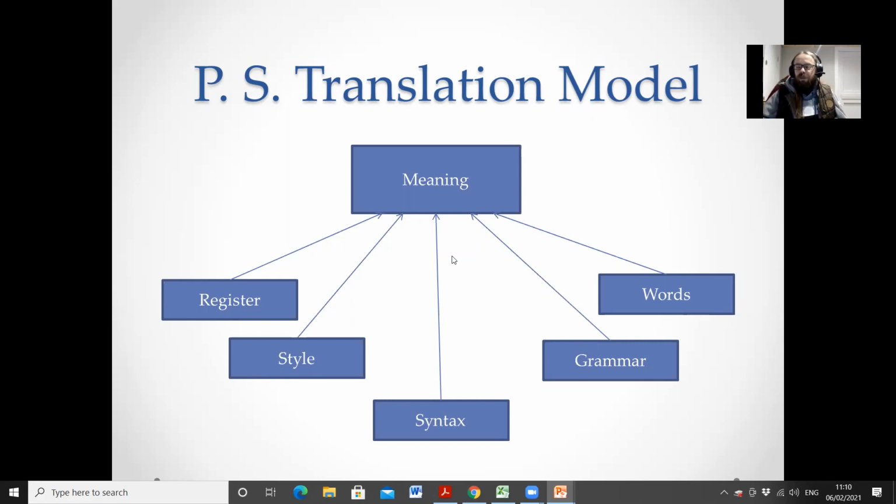But as public service interpreters and translators, we have to try to keep that to a minimum, and we have to ensure that whatever loss of meaning there is does not affect the ultimate purpose of that message, of that text, or of that sight translation, or of that verbal translation. So we have to do our utmost to keep this the same, and these are the elements that we can change. We should feel free to rework those as needed.